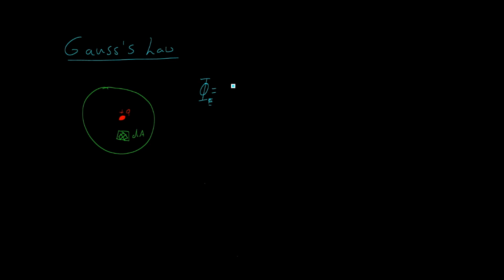And that's going to equal the integral over the closed surface of the electric field dot dA. Now, the electric field is constant, so that makes our life an awful lot simpler, in that we can say the flux is equal to the electric field times the integral of dA.